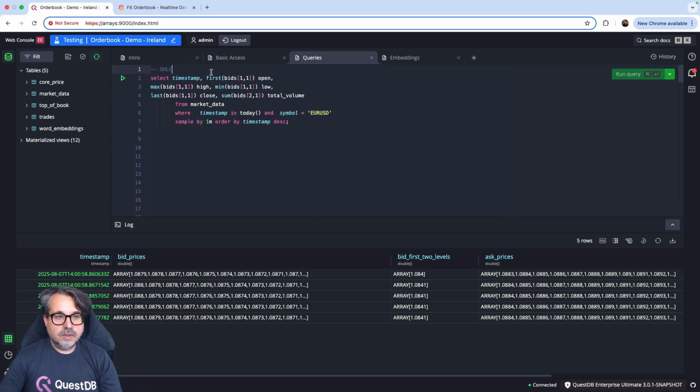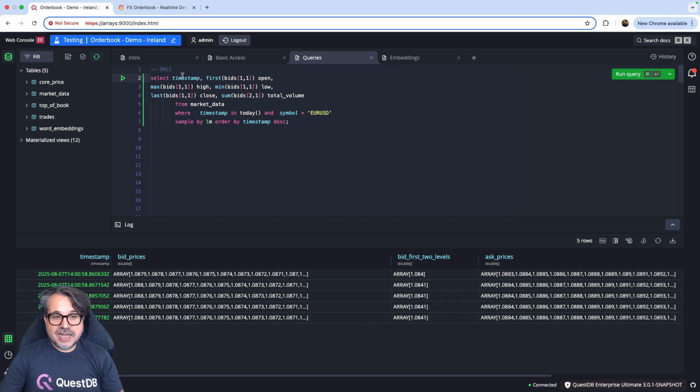I hope so. So the queen of the queries in QuestDB, the one I see again and again and again, is sampling data by time intervals. And in finance, that means getting candle bars, like open, high, low, and close charts. So what I can do here, bids 1 is the prices.